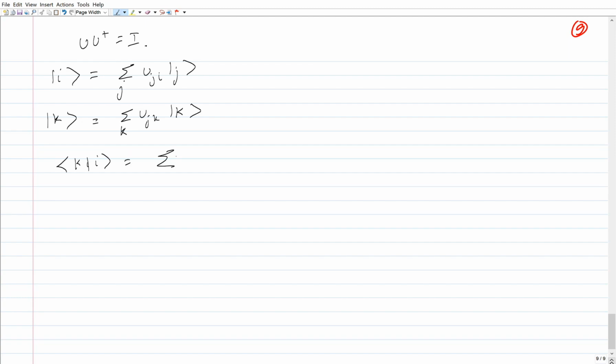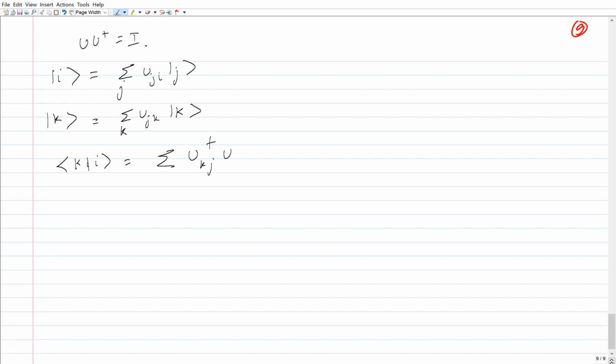So in other words, I already know U dagger was I. Let's say I have one I, I can express it as the sum of UJI, and let's say I have another state K, which was a linear combination over the basis K. Now the inner product of K and I is nothing but U Kj dagger.